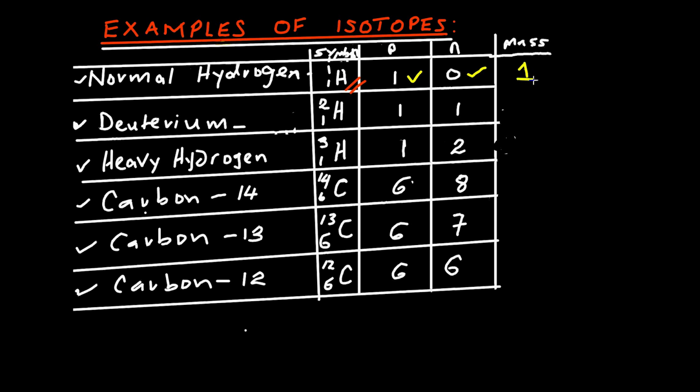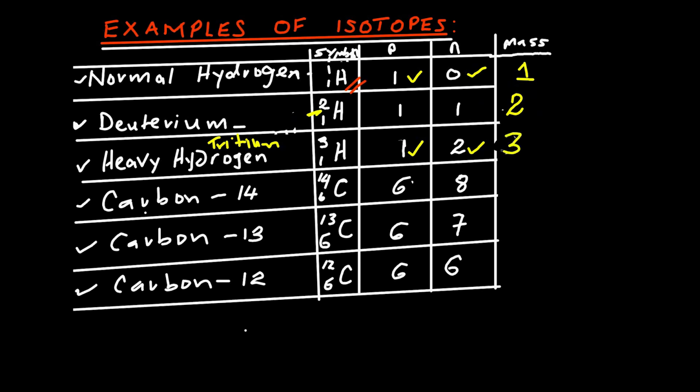Deuterium, or hydrogen 2, has a proton number of 1 and a number of neutrons as 1, giving us the mass of the atom as 2. The heavy hydrogen, or tritium, has a mass number of 3, obtained by adding the number of protons 1 plus the number of neutrons 2.